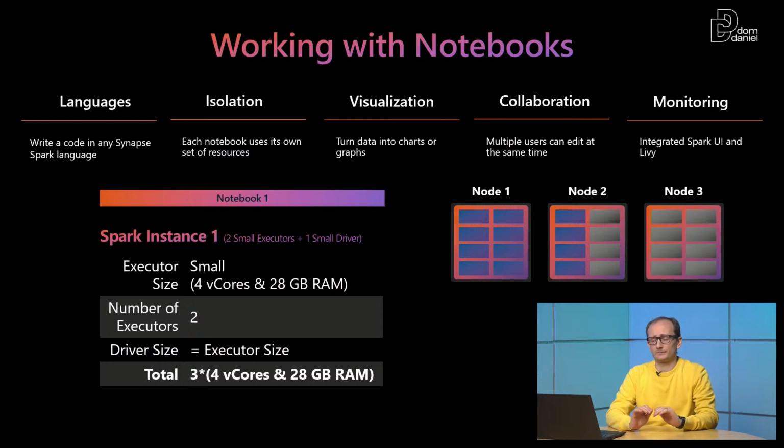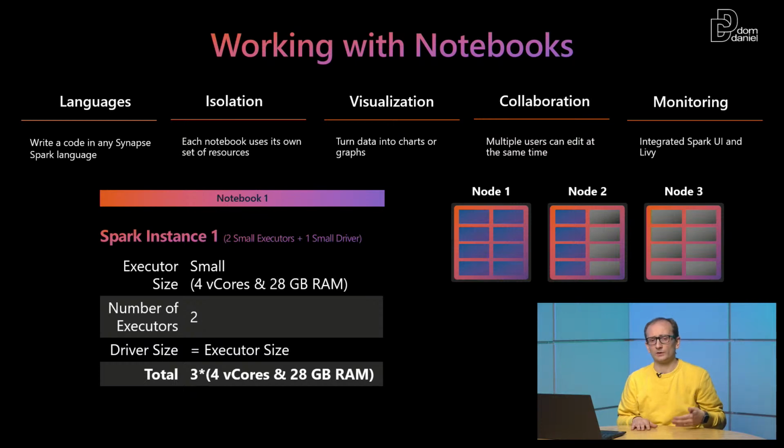Let's see how we work with it. For example, a user creates notebook 1. Before he can run this notebook, he needs to allocate resources. Let's assume that the user chooses a Spark pool of the small type, and here we have 2 executors and, of course, one small driver. For the executor size on the small option, we have 4 virtual cores and 28 GB of RAM.